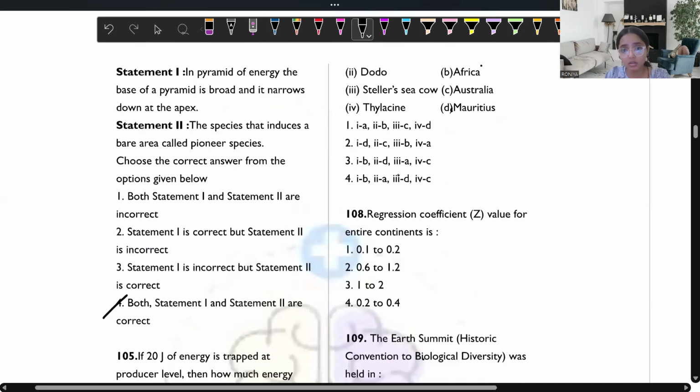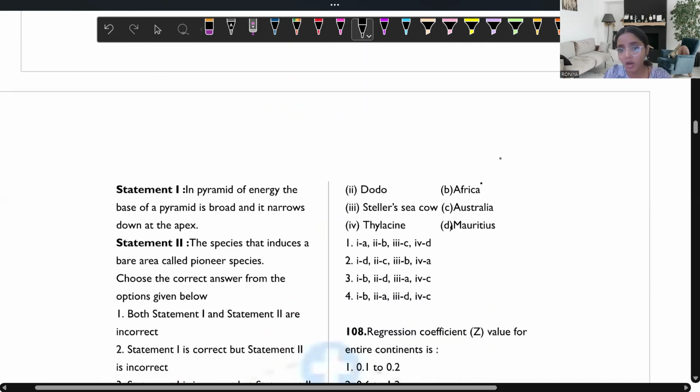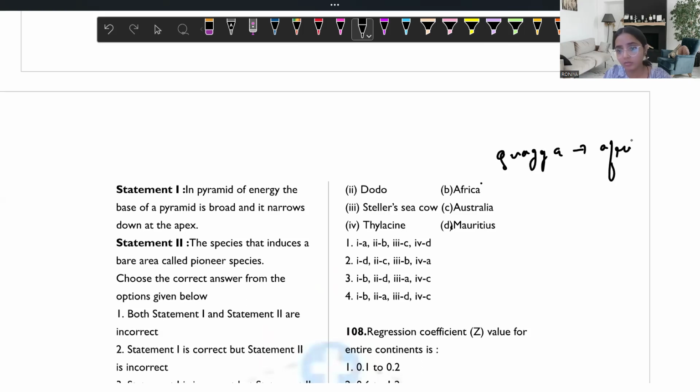See, quagga, Africa, dodo, Mauritius, stellar sea cow, Russia, thylacine, Australia.